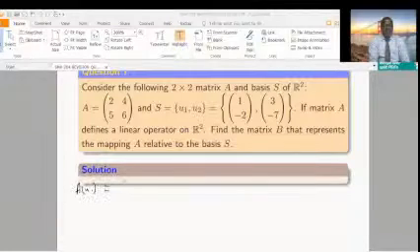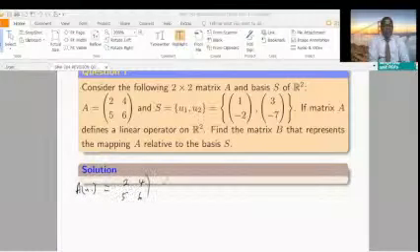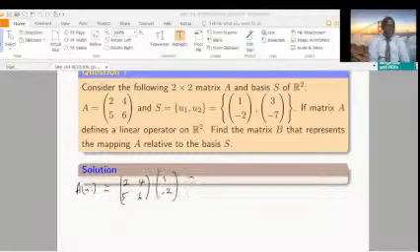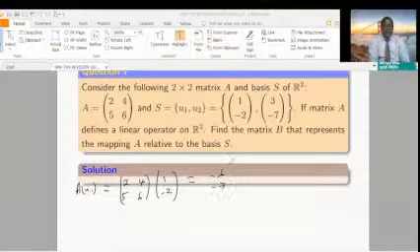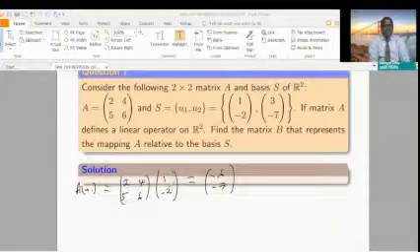A of U1 is the matrix 2, 4, 5, 6 multiplied by U1, and this gives you negative 6, negative 7. Because this would be 2 minus 8 is negative 6. And that would be 5 minus 12, that would be negative 7.